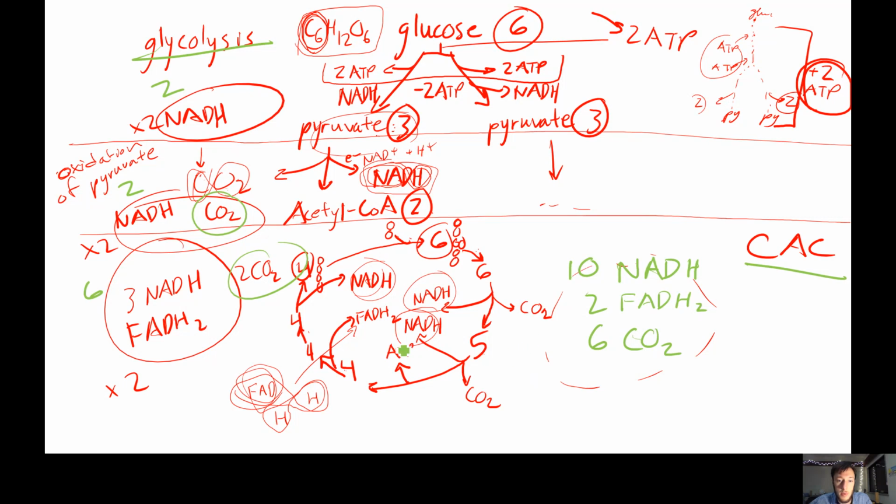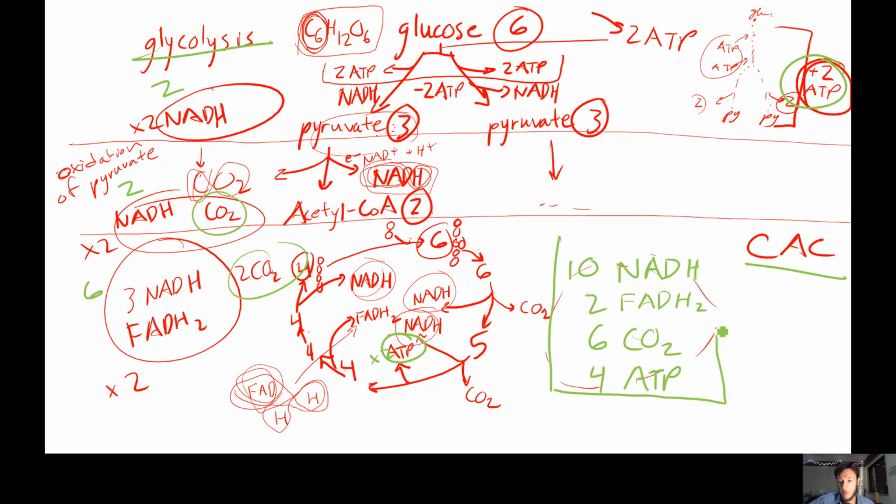And our total with ATP, we've got 1 here produced and a total of 2 produced in glycolysis, a net of 2. And this is also times 2, right? Because this cycle is happening twice, 1 for each pyruvate. So per molecule of glucose, we also have 4 ATP produced.